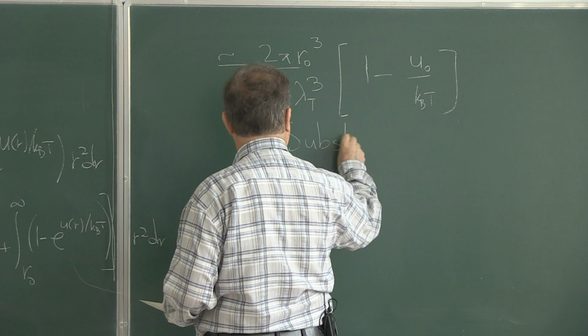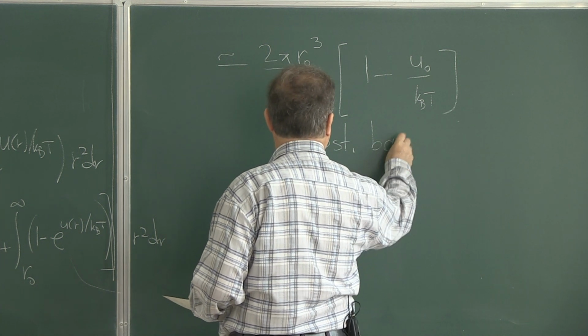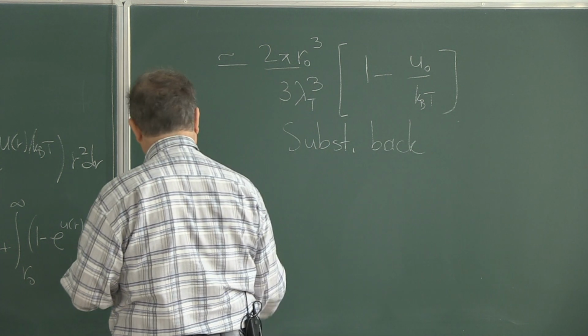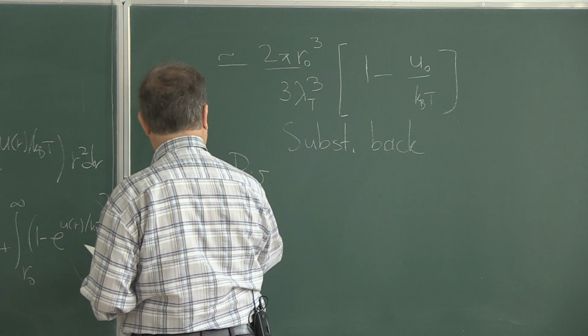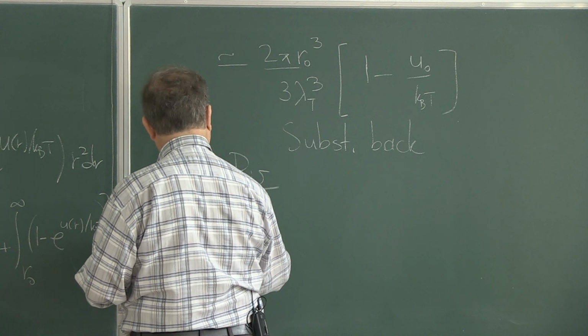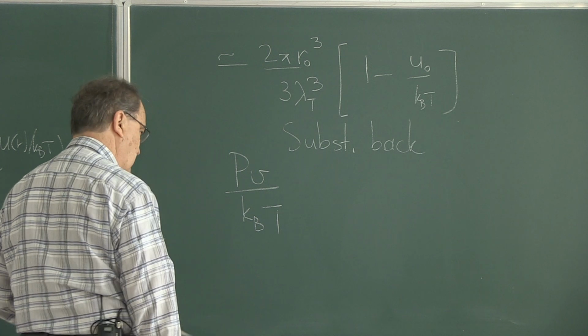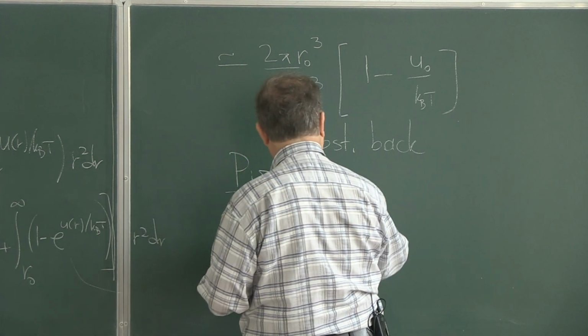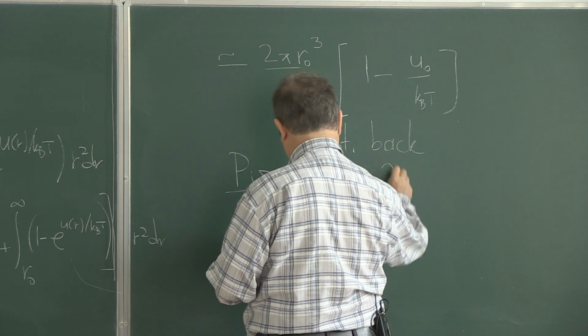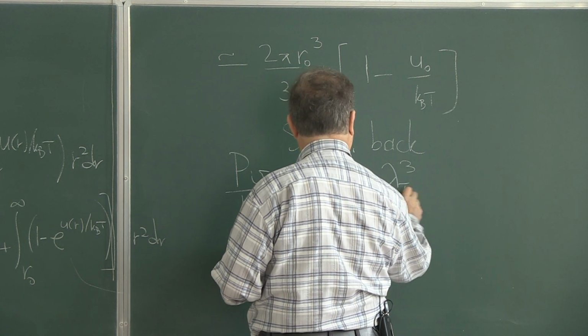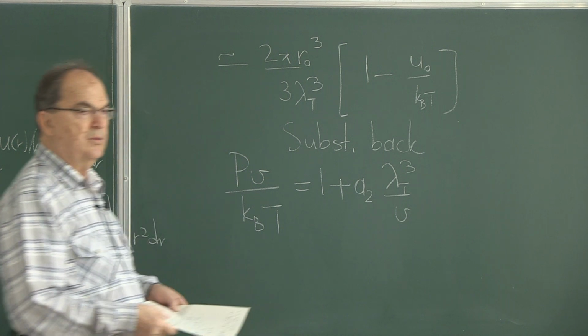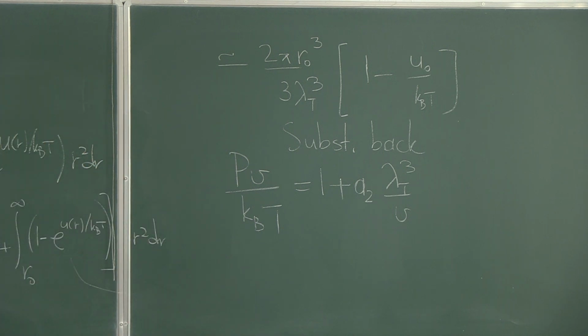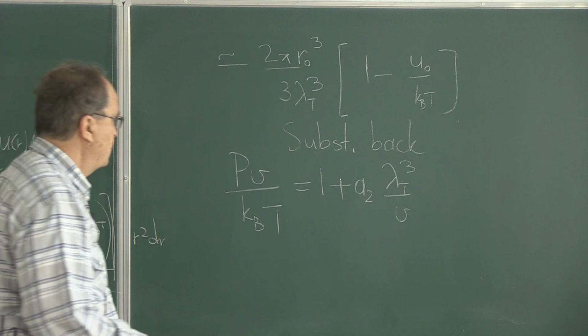Substitute back, so you end up with PV over kBT is 1 plus A2 lambda t cube over V. We are going to see the first effect of interaction.